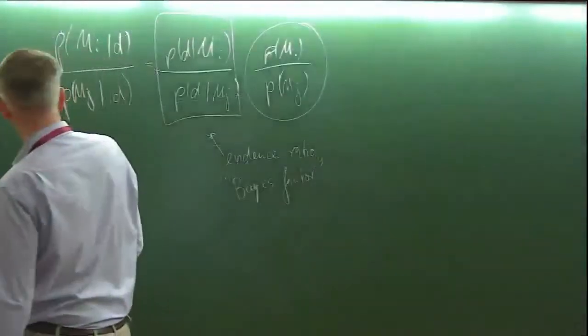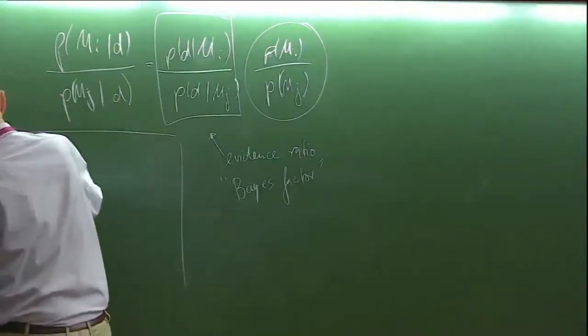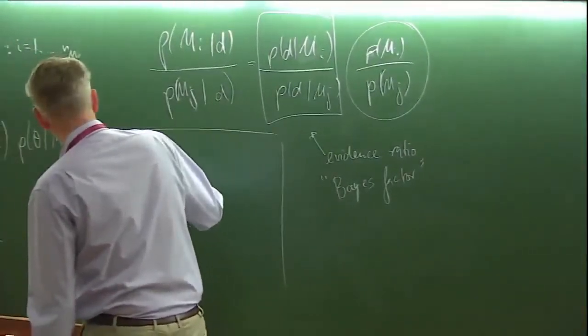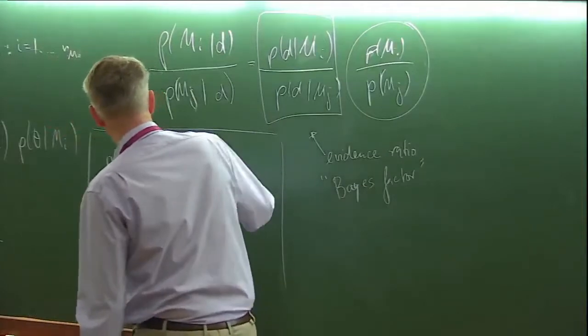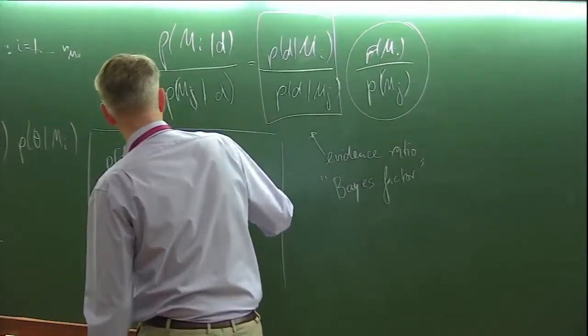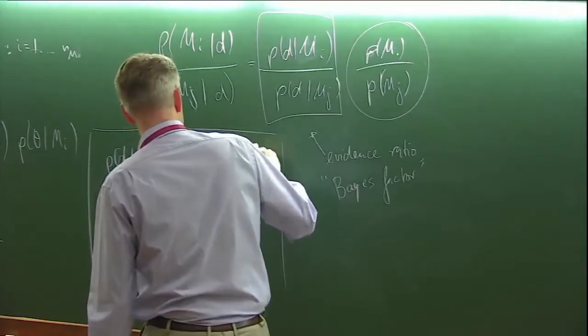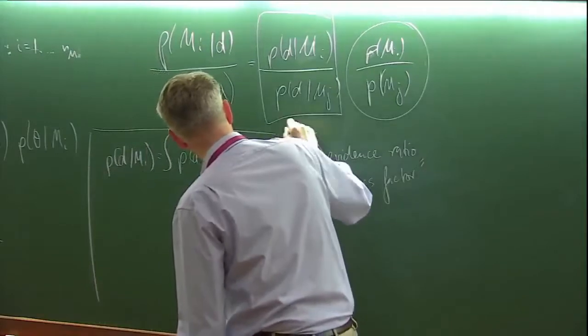So just exploiting that, I can calculate the evidence, P of D given Mi, as just the integral of P of D given theta comma Mi times P of theta given Mi d theta.